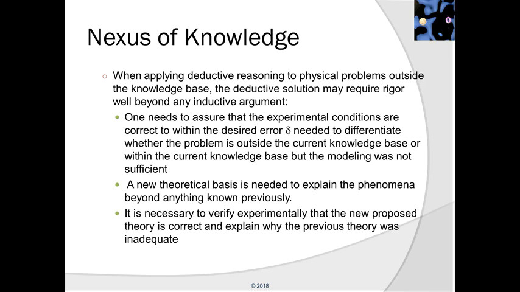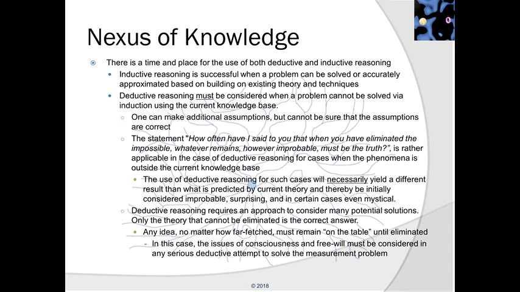A new theoretical basis is needed to explain the phenomena beyond anything known previously. And it is necessary to verify experimentally that the new proposed theory is correct and explain why the previous theory was inadequate.